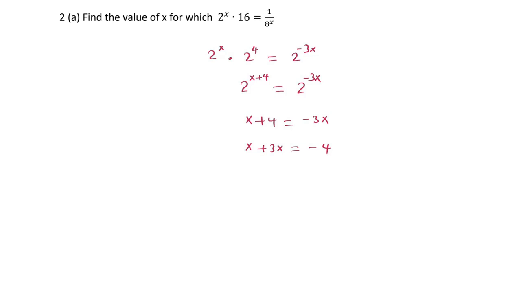Simplifying more, we are going to have 4x equals negative 4. Okay, so now let us divide by 4 both sides. We are going to have x equals negative 1. And this is the value of x required.